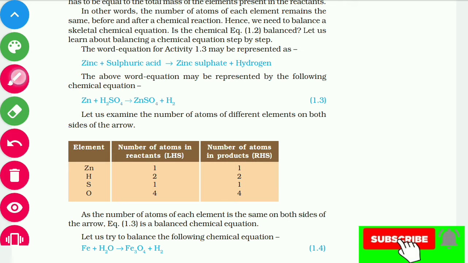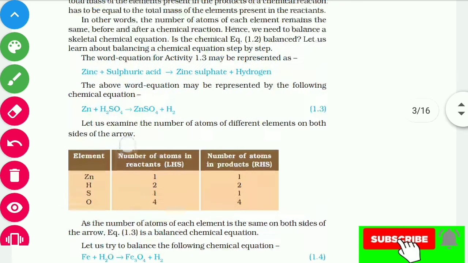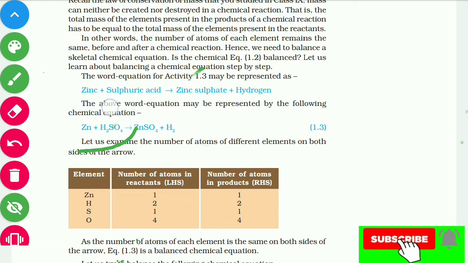This is called the LHS side and this is called the RHS side. In between them there is an arrow. First see Zn on both sides is 1. SO4, sulfate, or you can separately go for sulfur, is 1.